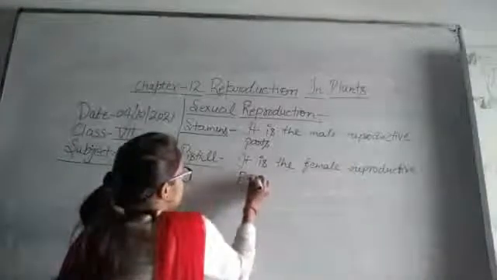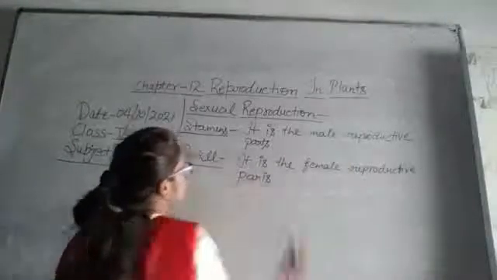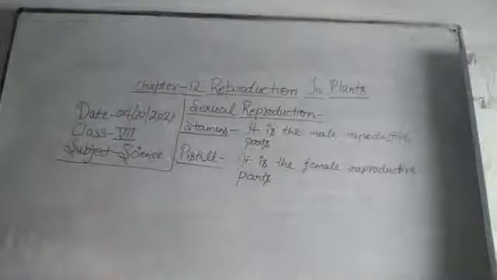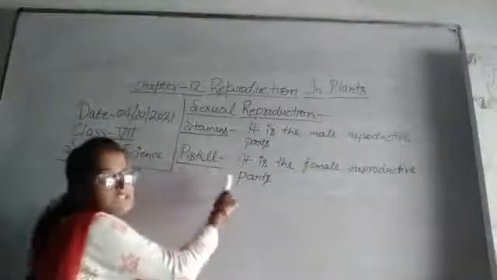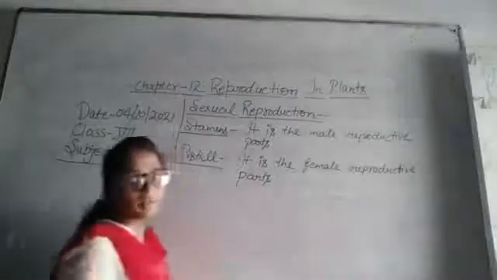Stamen is the male reproductive part and pistil is the female reproductive part. Okay.